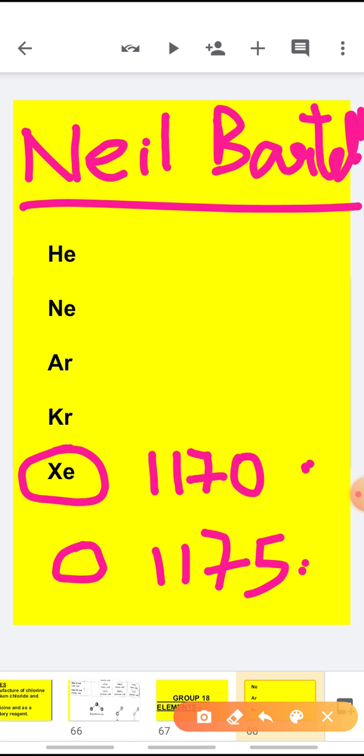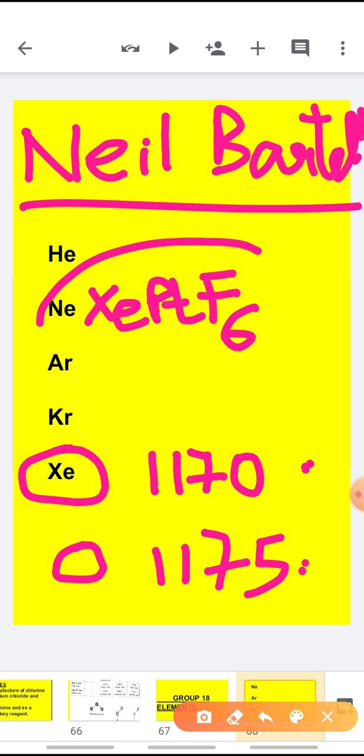When he mixed PtF6 with xenon, he was able to isolate the compound XePtF6. So he was successful in making a compound out of xenon. After this discovery, a number of xenon compounds were made, with most electronegative elements like fluorine and oxygen. So different compounds were made later on.